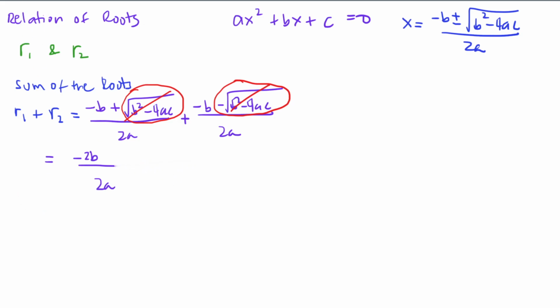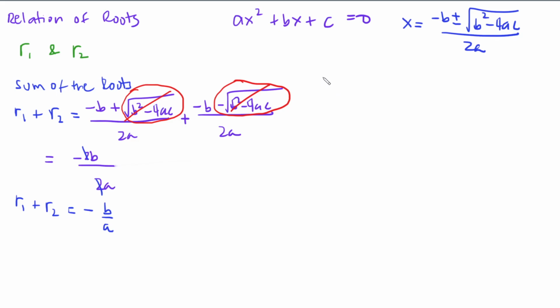So we are only left with R1 plus R2 equal to, cancel 2, negative b over a. Therefore, the sum of the roots is equal to negative b over a.